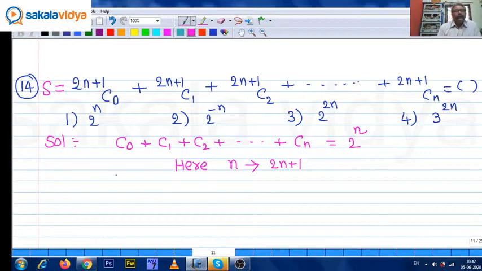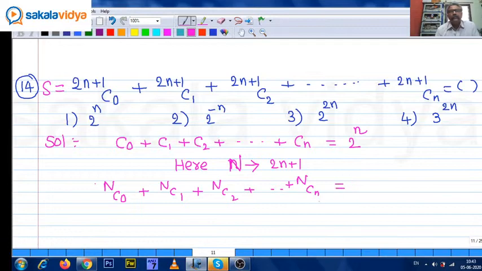Okay, this we can write like this now. Better you say capital N. This is NC0 plus NC1 plus NC2 and so on NCN, this total sum is equal to 2 power N. But we need NC0 plus NC1 plus and so on up to NC small n, that's equal to 2 to the power of N by 2.